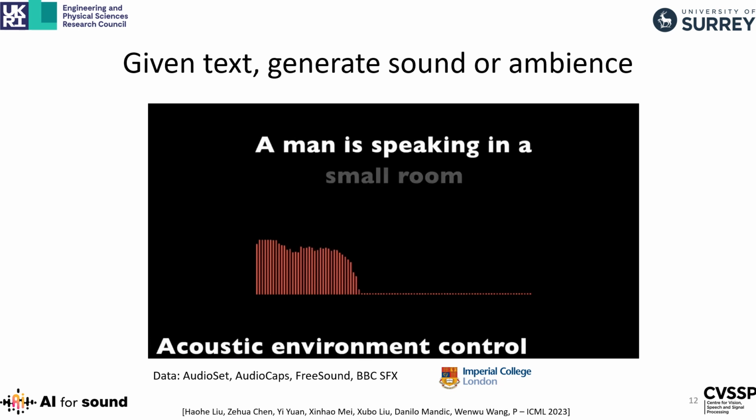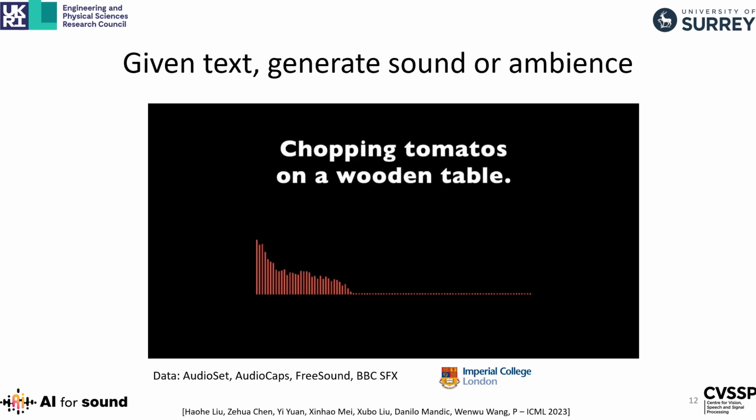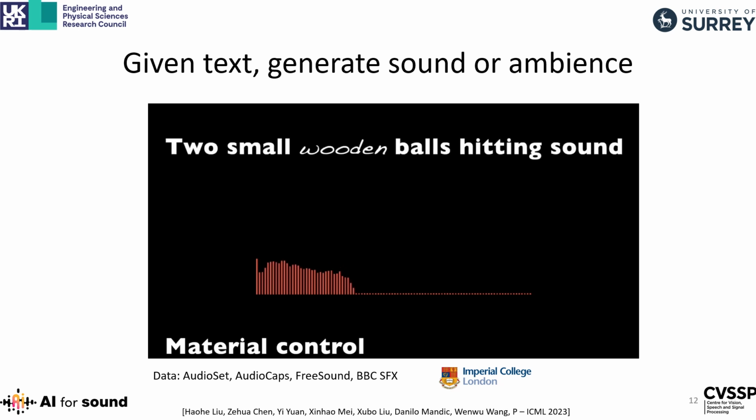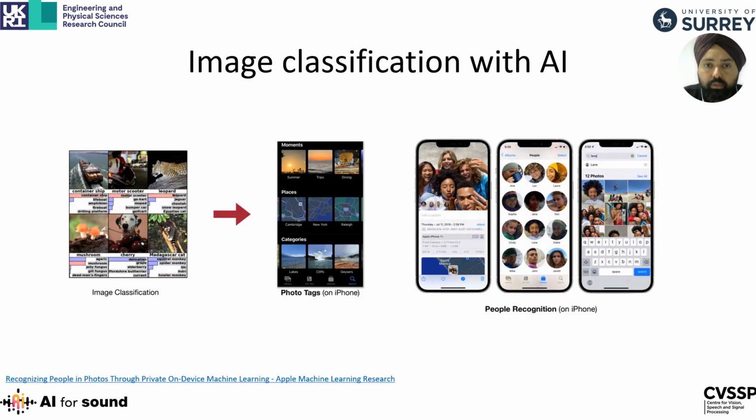Or other text queries like a man is speaking in different kinds of rooms, so it can generate ambience as well. So AI can be used to generate datasets as well.